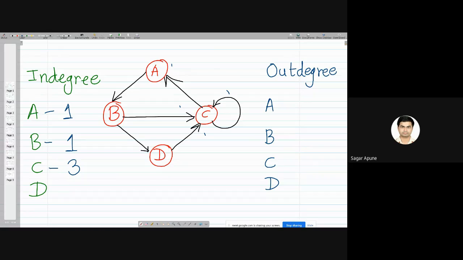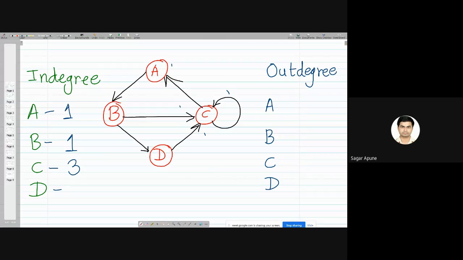Okay, who said 3 for C? Prajakta Jagtap, Prajwal Devde. In degree C, self loop we can calculate as in degree and out degree also. So remember this for self loop.